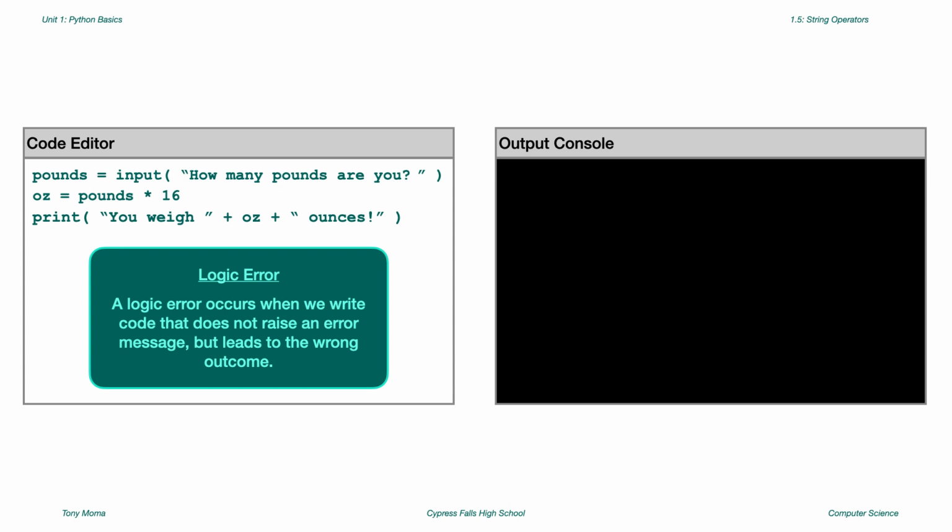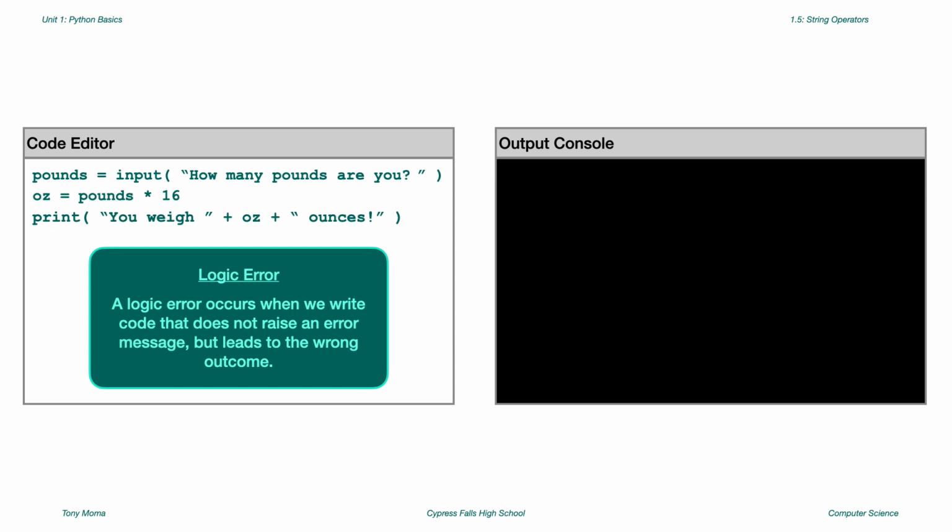A logic error occurs when we write code that does not raise an error message, but leads to the wrong outcome. Another example would be writing a program to compute the area of a rectangle, but rather than multiplying the length times width, I added the length and width together. Once again, that isn't going to produce an error message, it's just going to give you the wrong answer.